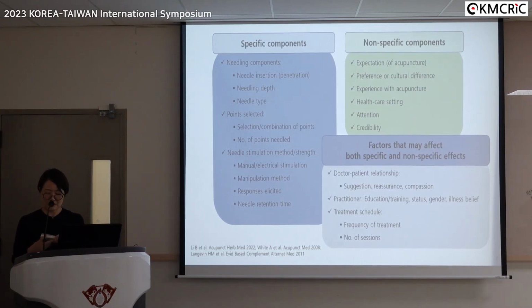However, there are factors that may affect both specific and non-specific effects. Things like doctor-patient relationship, practitioner background, treatment schedule. These may be affecting both specific and non-specific effects as well. This is why testing acupuncture properly is more difficult than other medical interventions.